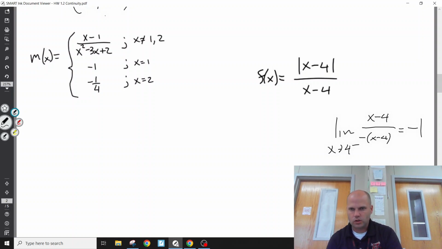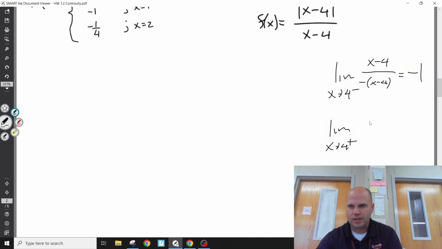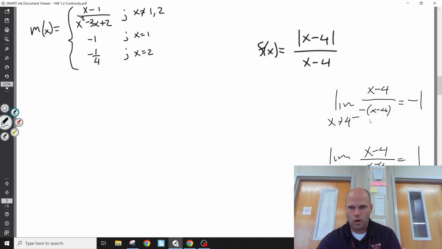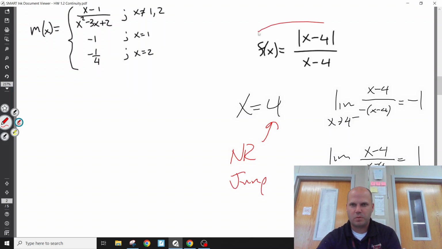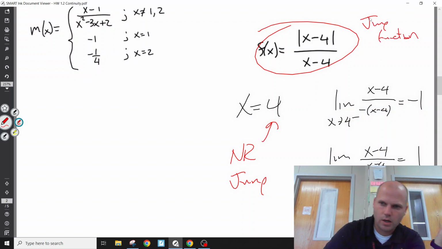If we look to the right of 4, we would have the positive x minus 4. We get 1. This is not a removable discontinuity. This is a situation where we have a jump. This is the special jump function. You need to be familiar with this being the special jump function. Okay, it jumps from negative 1 to 1.